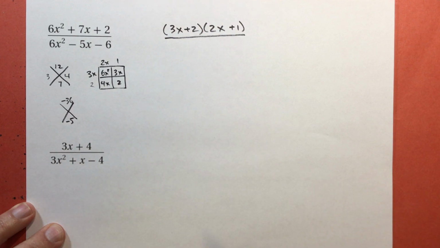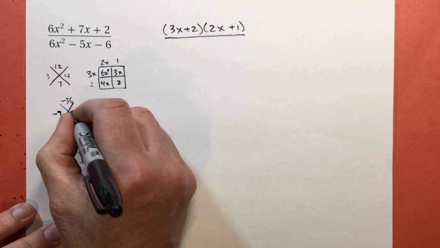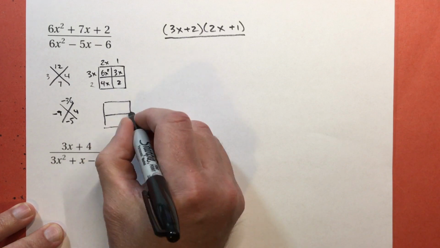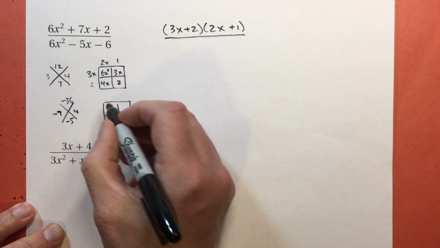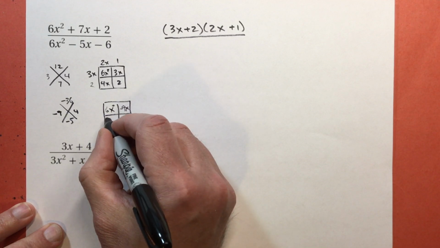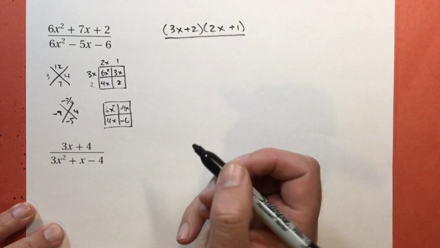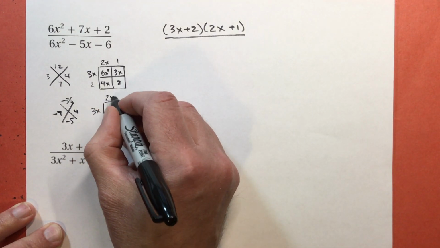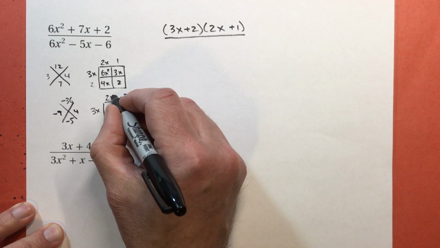I go through my list, I get negative 9 and positive 4. So I make my multiplication chart again. 6x squared, negative 9x, 4x, and negative 6. So this will be 3x and 2x subtract 3.